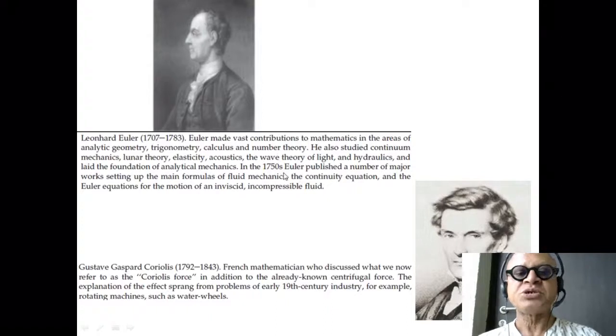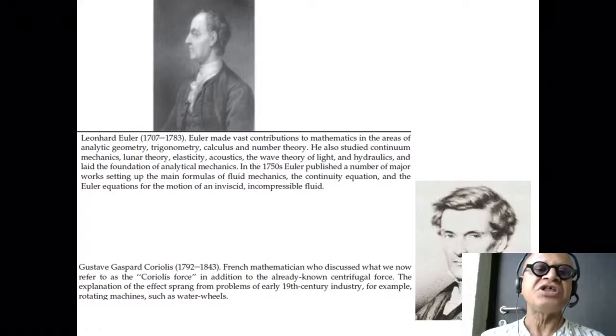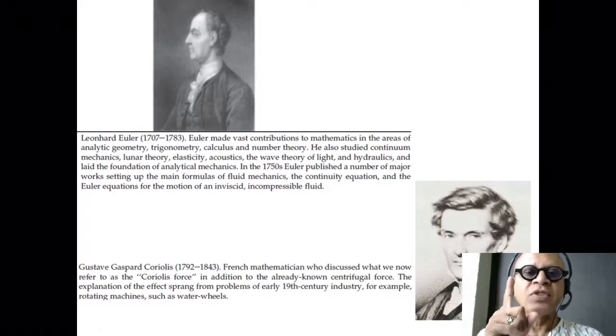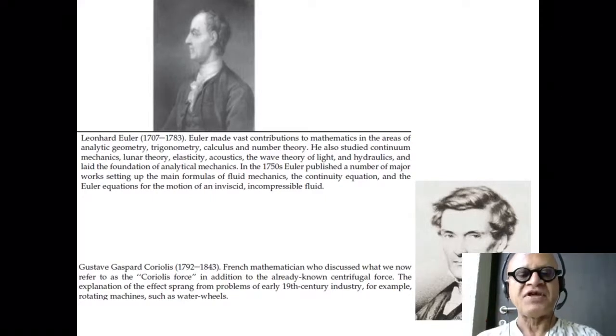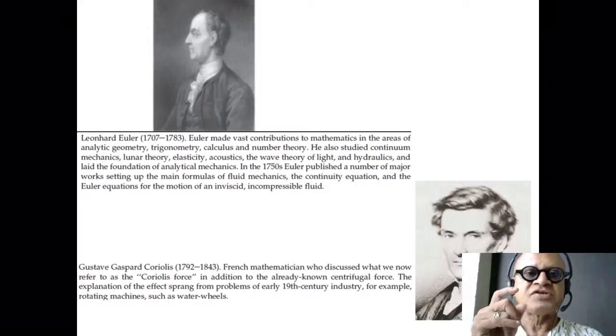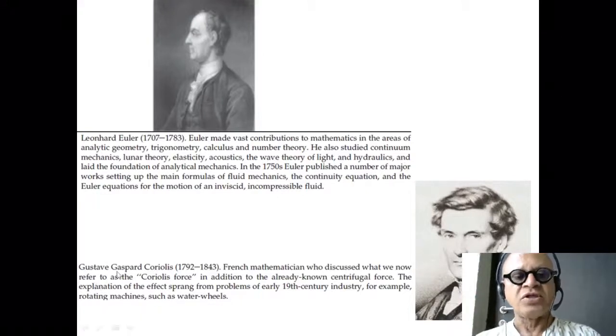So he published major works in the 1750s, which gave us many of the equations for fluid mechanics, continuity equation, Euler's equation of motion in an inviscid, incompressible fluid, and so on. So we used it to say Eulerian derivative versus Lagrangian derivative, right? Fixed point versus moving with the parcel.